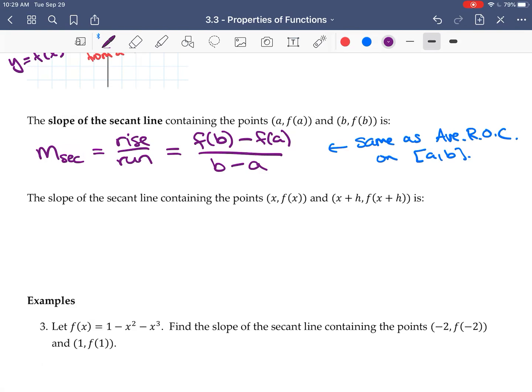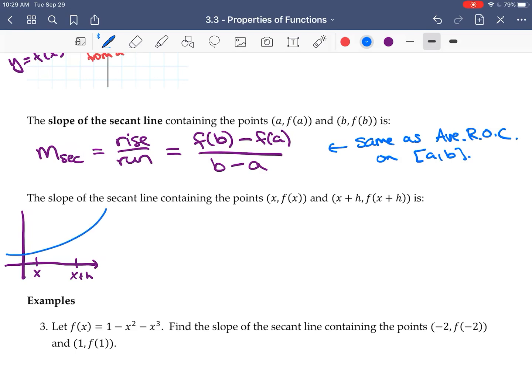with, so let me just draw a new picture here. So often, instead of going from a to b, we're going to go from x and then some bit away from x. So we call it x plus h, x plus a little bit.